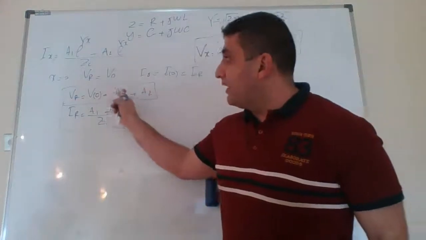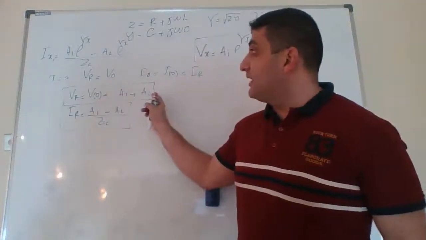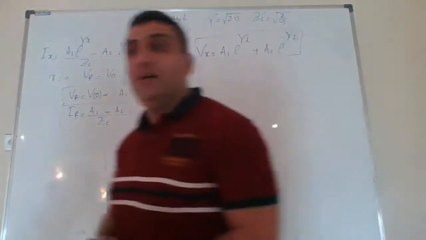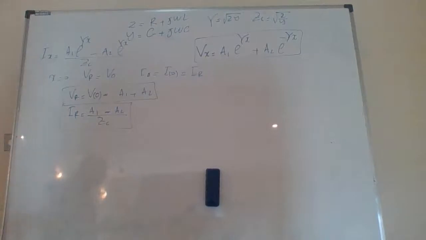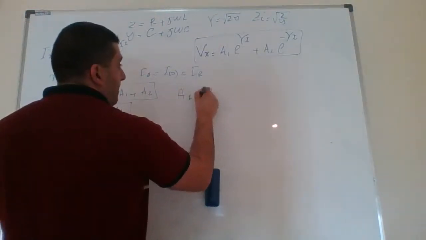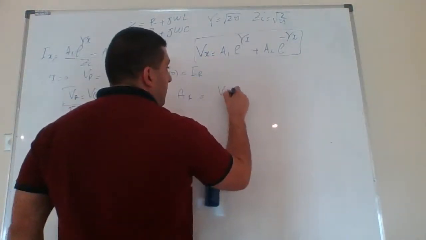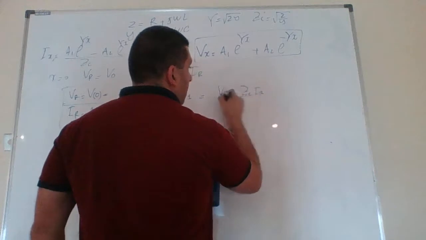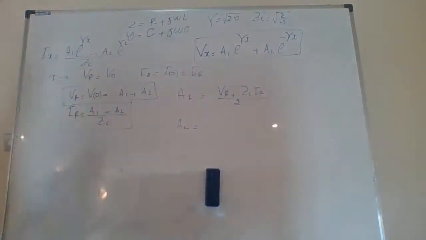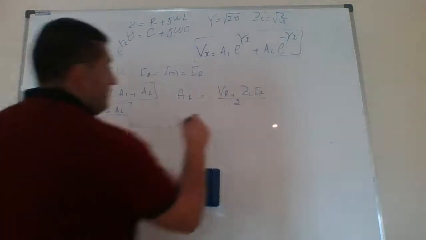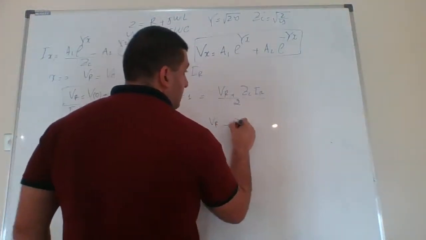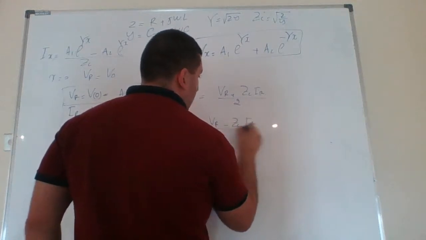Okay, that's what I want to do now. I want to take A1 as a function of VR, IR. I want to take A2 as a function of VR and IR, and this will give me A1 equal to VR plus ZC IR over 2, and A2 equal to VR minus ZC IR over 2.